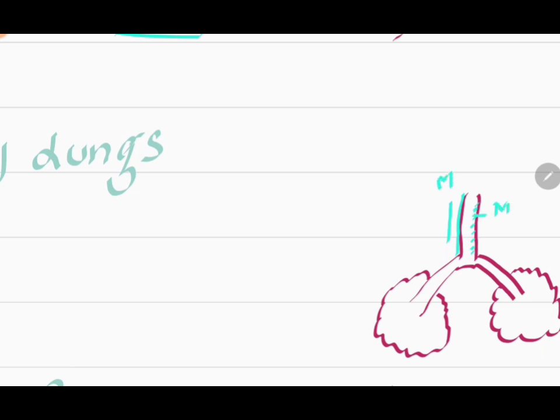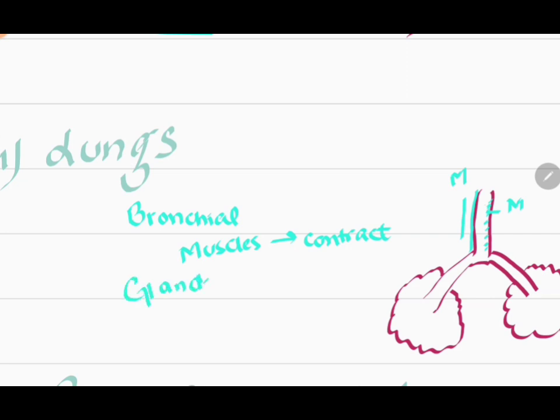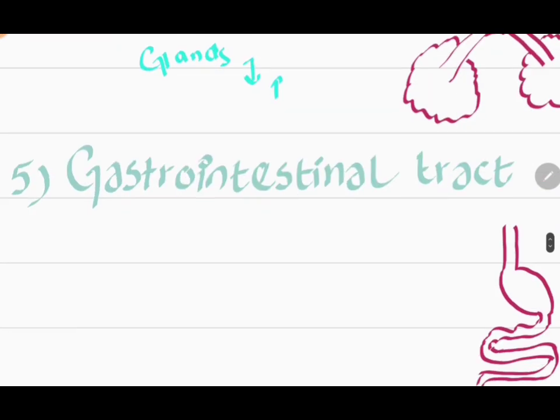What actually happens is that the bronchial muscles contract, and the glands present here increase the secretion as a response to parasympathomimetic stimulation.